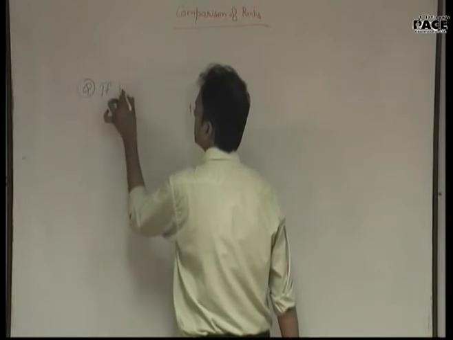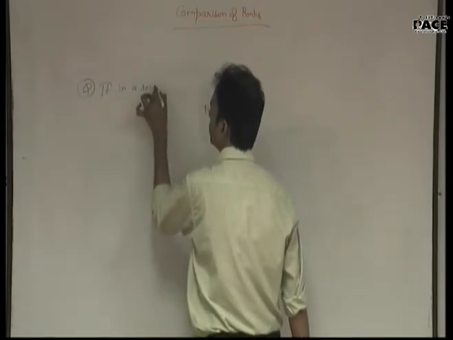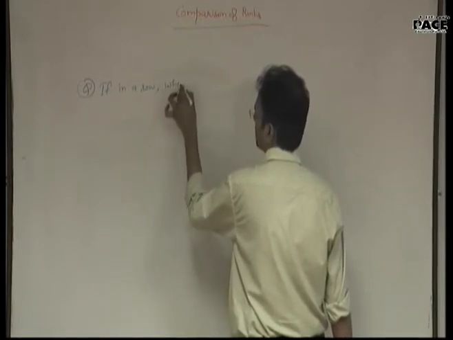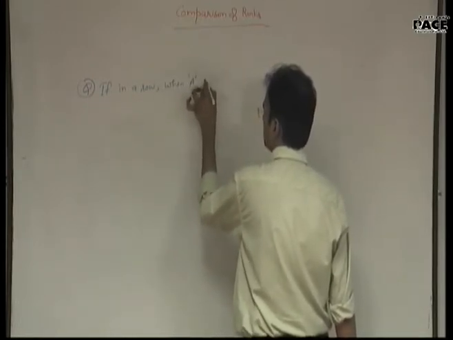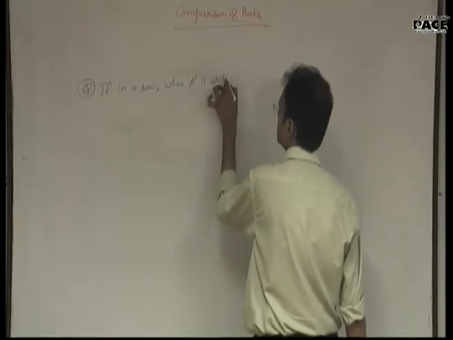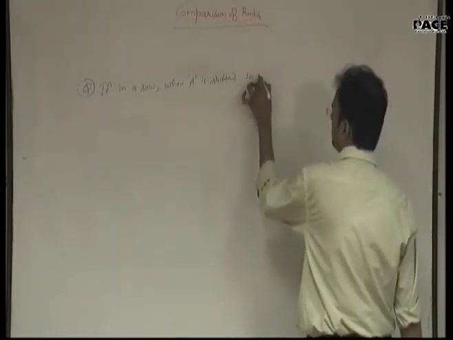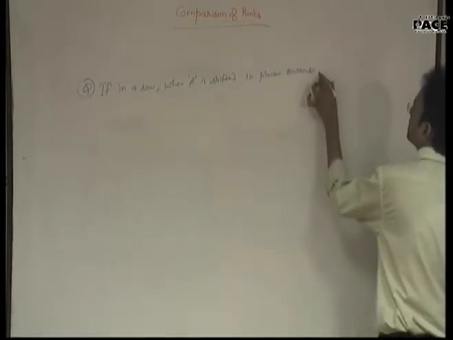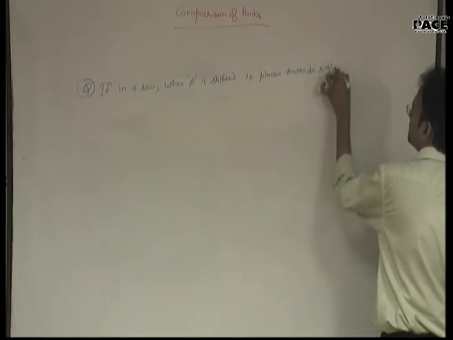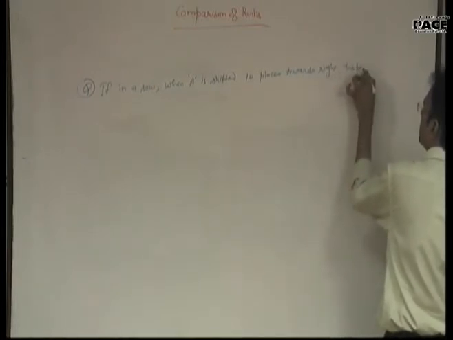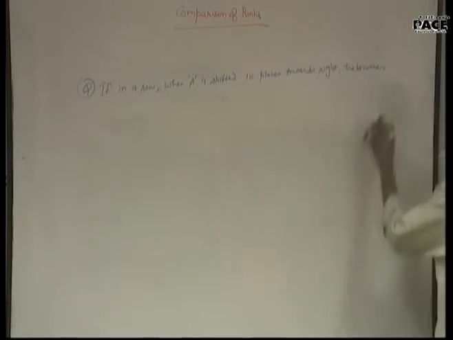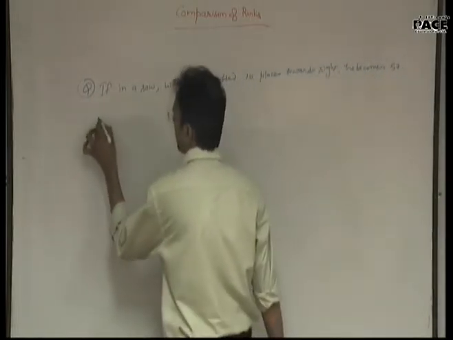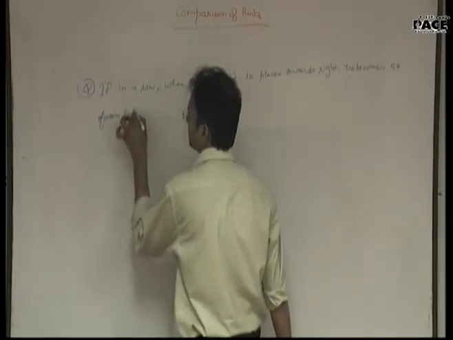If in a row, when A is shifted 10 places towards right, it becomes 57th from left.